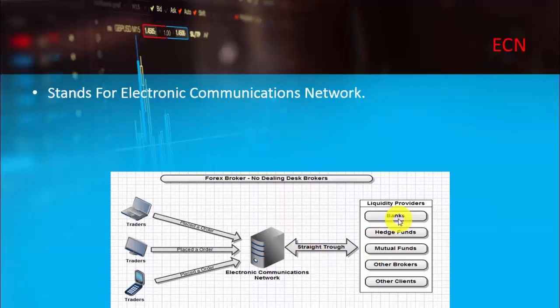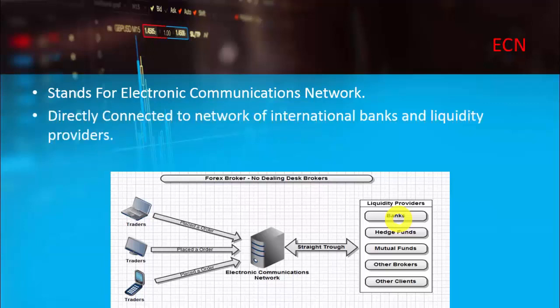Okay. They will straightforwardly process your trade towards the liquidity providers. So ECN stands for Electronic Communications Network. This platform is directly connected to the network of international banks and liquidity providers, and they will enter your trades into the real market.